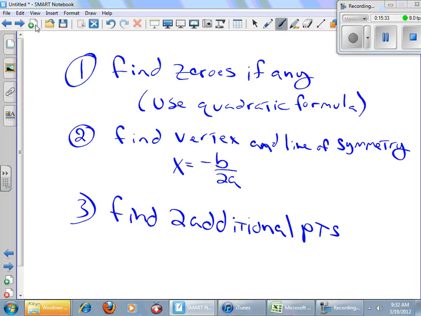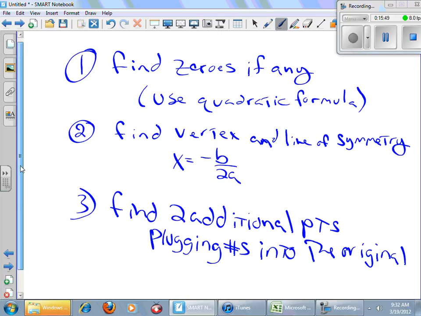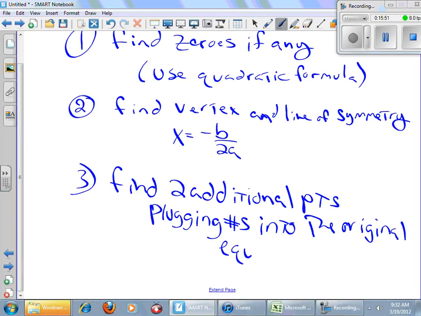And then I do that by plugging numbers into the original equation. Okay. All right. So let's look at one more example here.